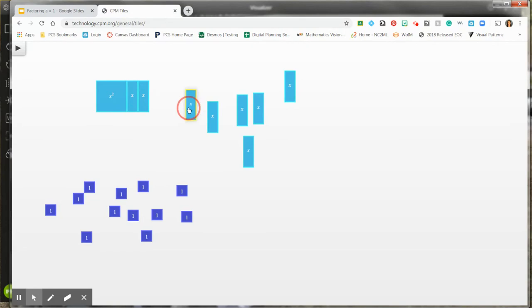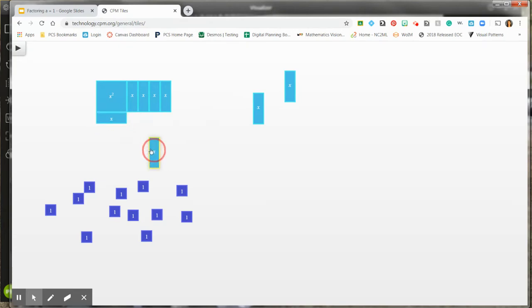And what I'm going to try to do is split this up so that, and I'm going to turn these sideways just so you see what I'm doing. I'm going to work on splitting these up so that I have 12 that go in here.